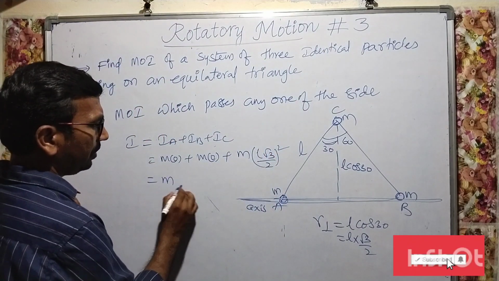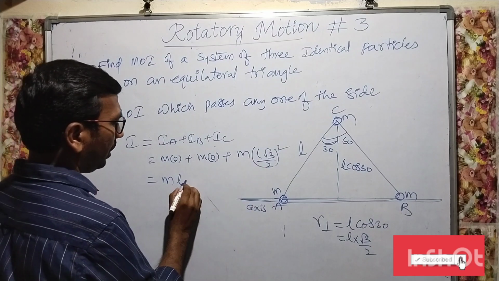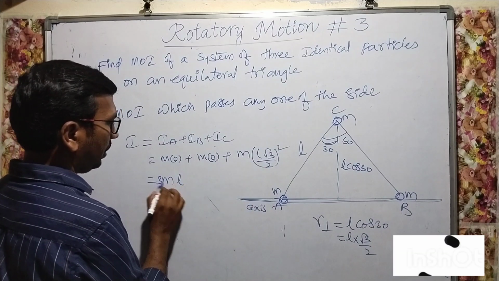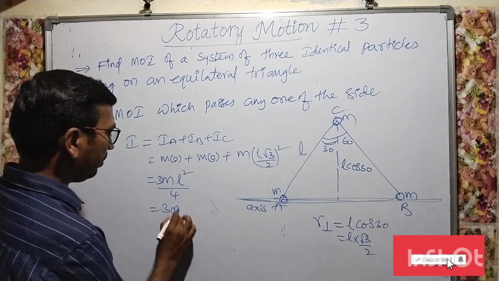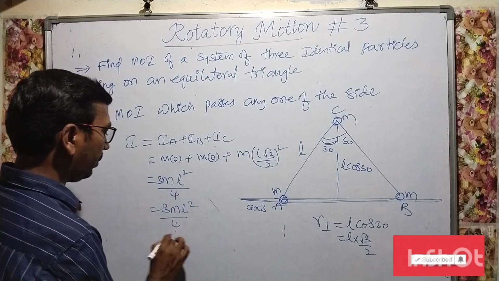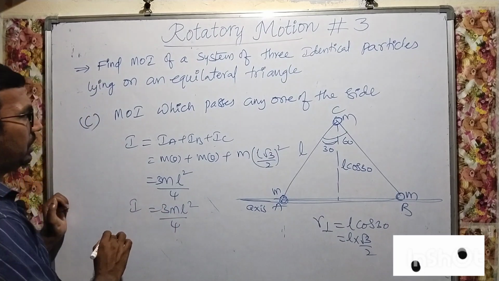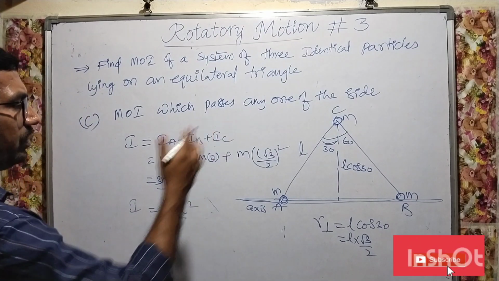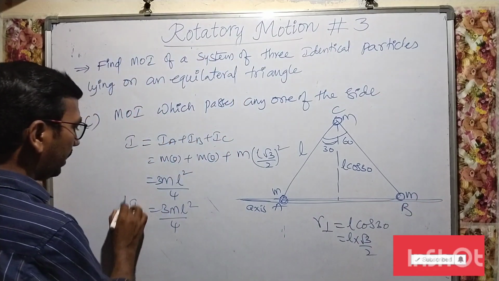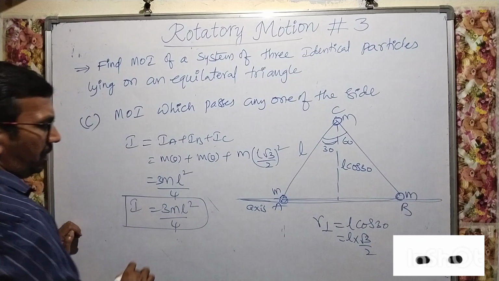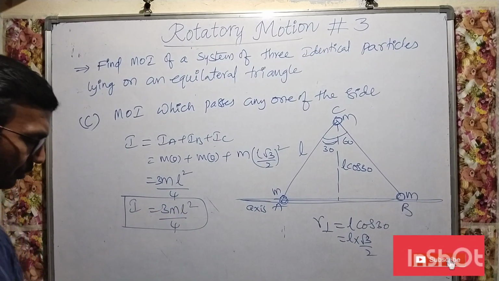So here M L square into 3 by 4, so 3ML square by 4. This is the moment of inertia when the axis passes through any one of the sides, 3ML square by 4.